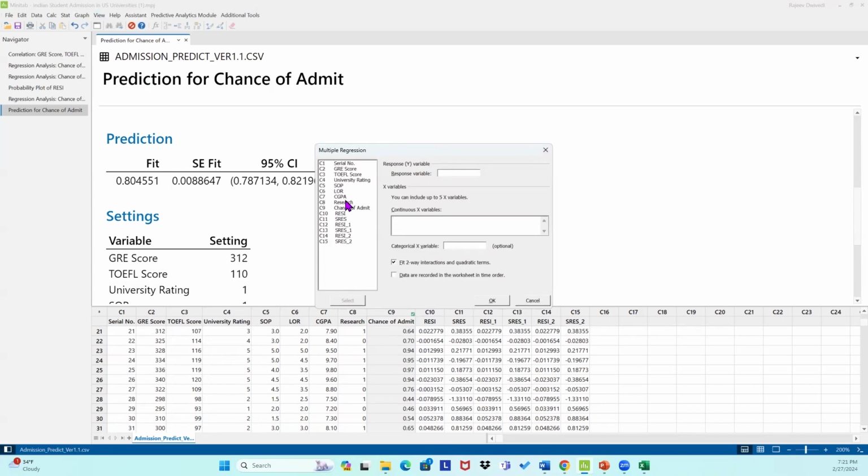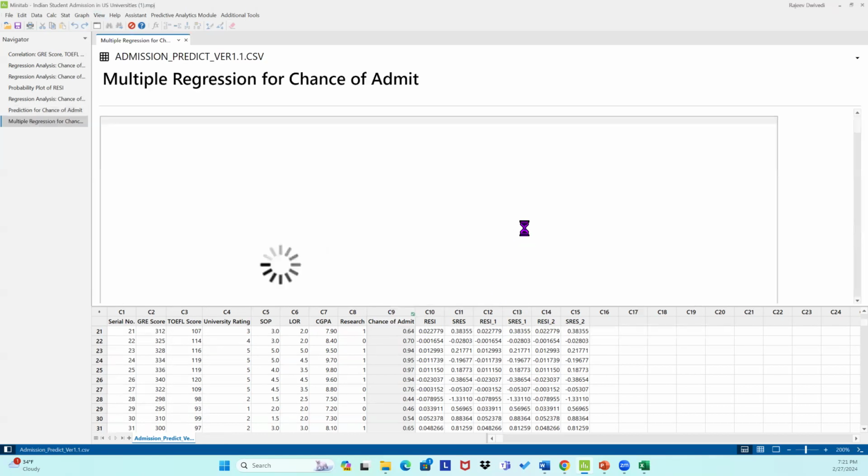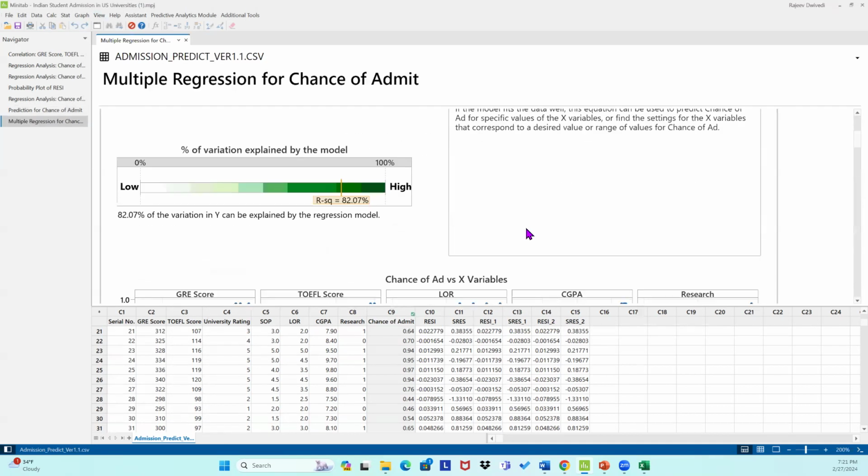So let me do the chance of admission here, and let me add 5 of them here. 1, 2, university rating. So let me remove the two useless ones. And here you can see R square is 82%.